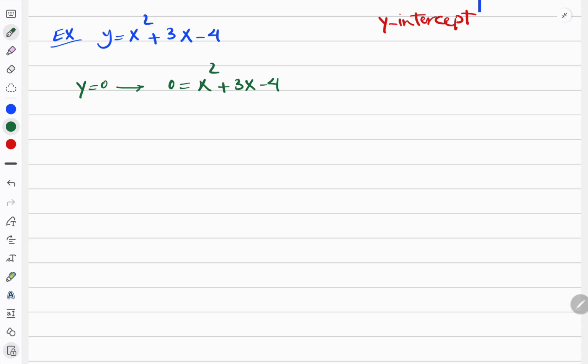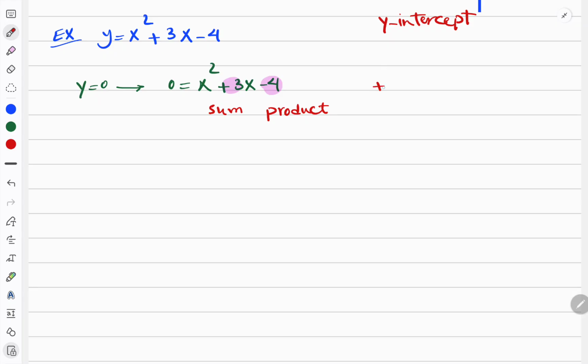I'm going to use the sum and product rule because -4 is the product of two numbers and +3 is the sum. 4 times 1 is 4, and because the sum is a positive number, the bigger number is positive.